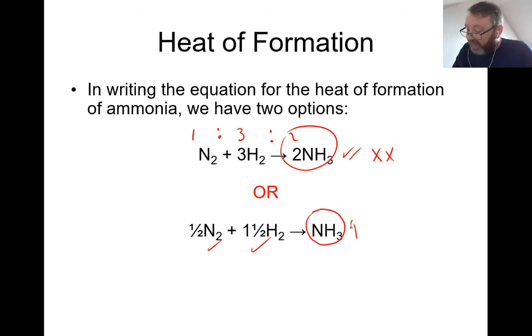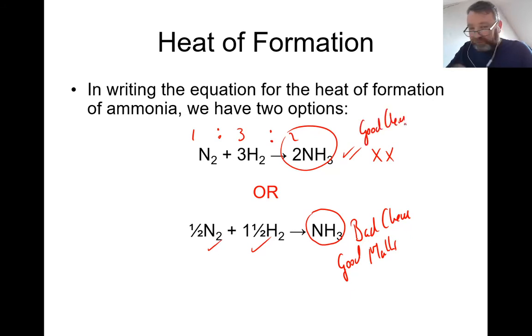However, this is bad chemistry. It's bad chemistry, but it is very good mathematics. Okay, it's good mathematically. Here, this is good chemistry. But as far as we're concerned for our definition, it's bad maths. Now, because we're moving into the mathematical side of this, it's the good maths that we're more interested in.